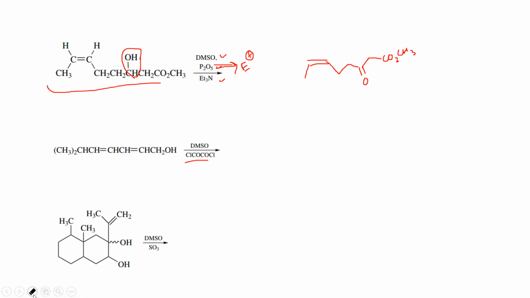So if you use DMSO with oxalyl chloride, what will happen? It is a Swern oxidation, and this Swern oxidation will lead to oxidation of this alcohol. The other part will be the same, I am not drawing the other part. This part will just be CH. Okay.